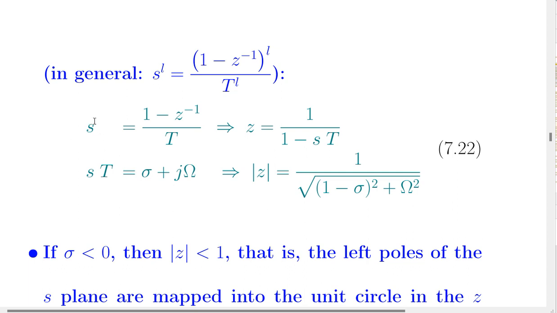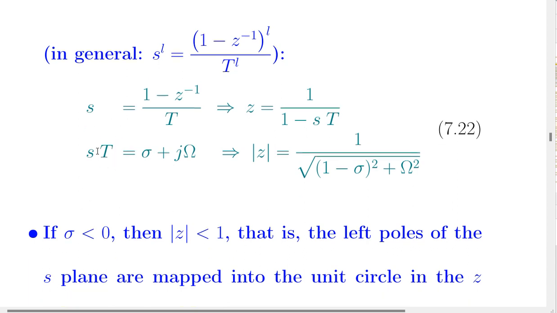Now, s being equal to 1 minus z to the power of minus 1 over T, you'll have z being equal to 1 over 1 minus sT. So, assuming that sT is equal to sigma plus j omega, a complex number, you will have the absolute value of z being equal to 1 over the square root of (1 minus sigma) to the power of 2 plus omega to the power of 2.